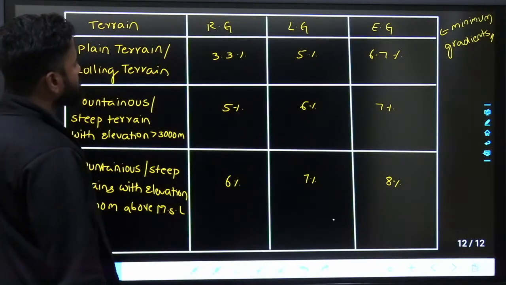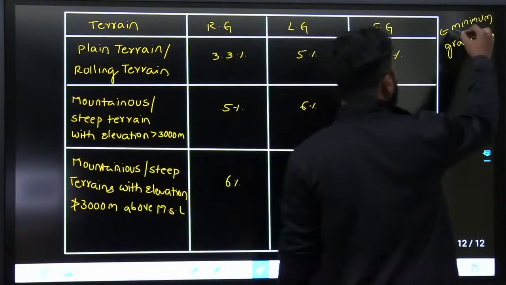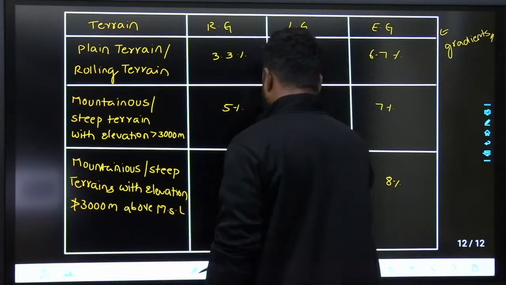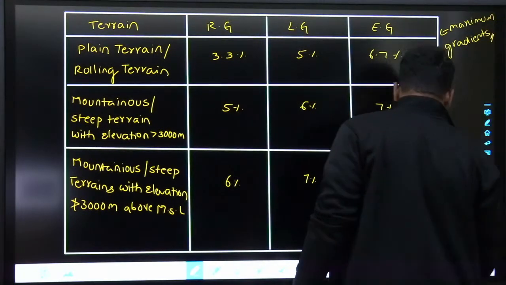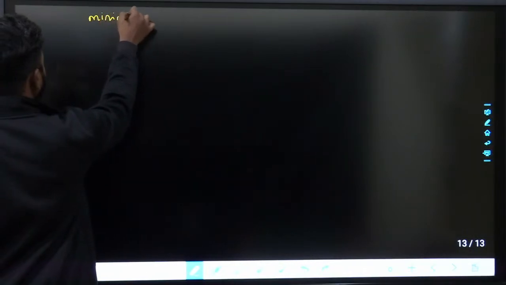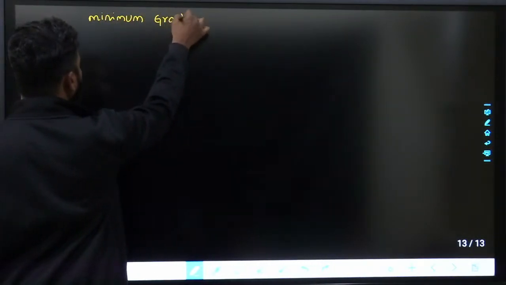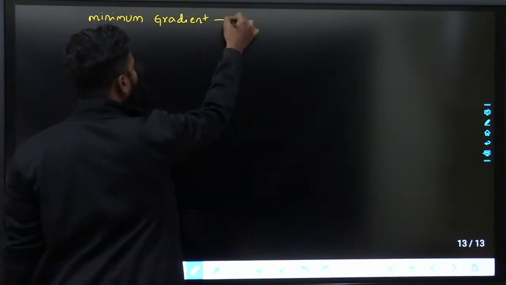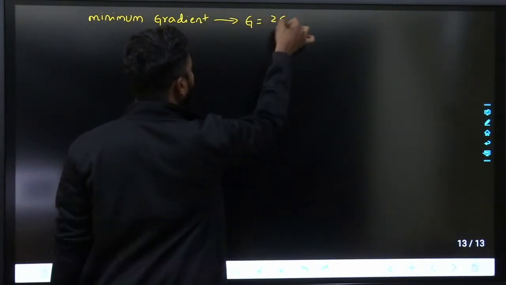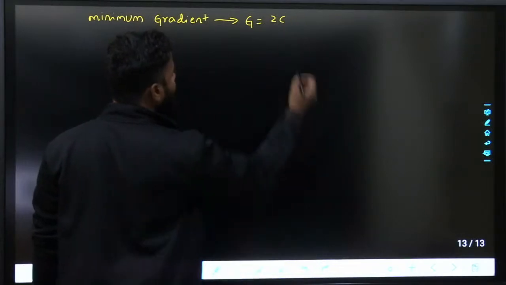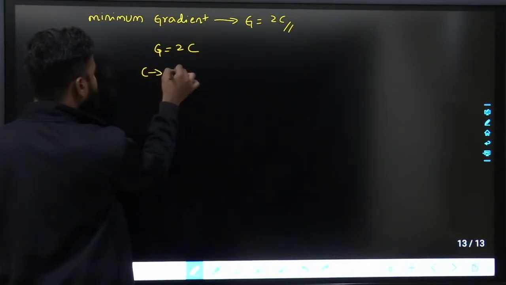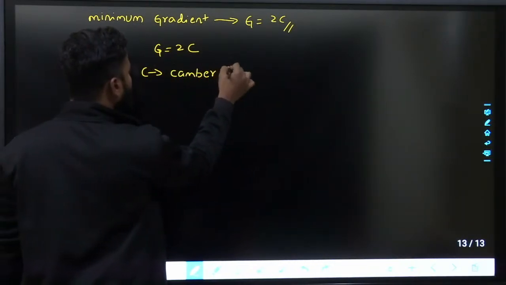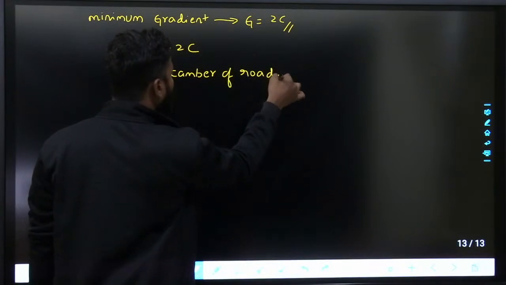What I have given, this is not minimum gradient, this is maximum gradients. Sorry, this is maximum gradient. If nothing is mentioned in the question, then minimum gradient, as I have discussed in the camber concept, is generally given as G equals 2 times C, where C is the camber or cross slope of the road.